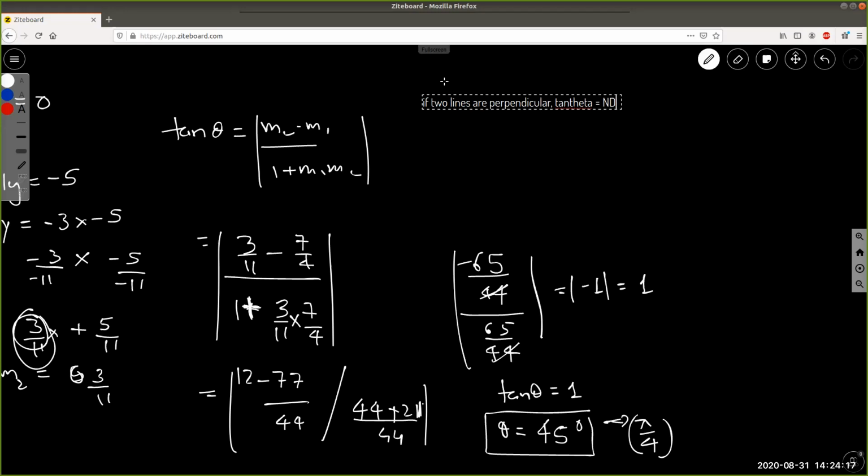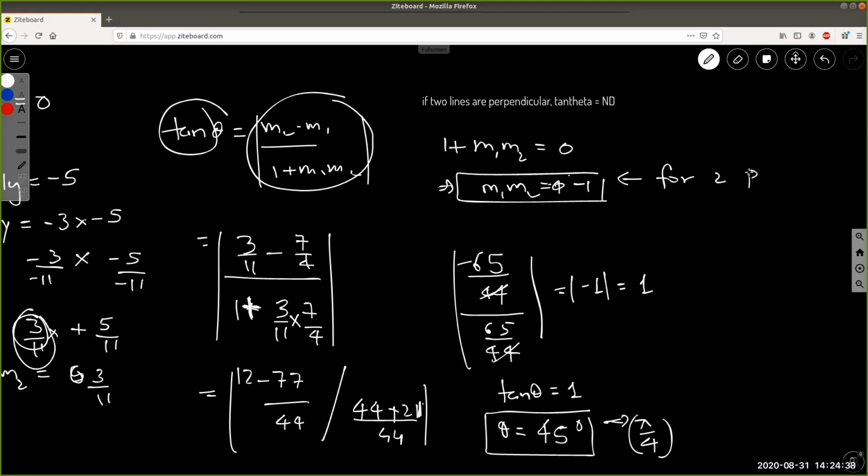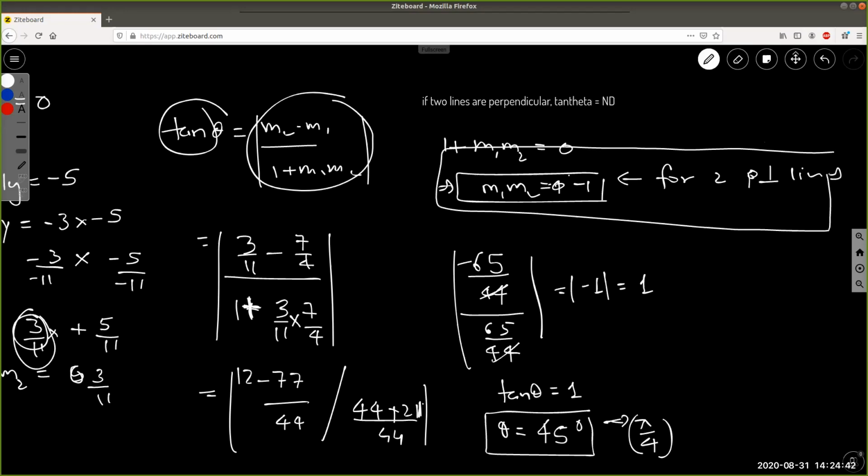So 1 plus m1 m2 is equal to 0. This implies that m1 m2 is equal to minus 1. So for two perpendicular lines, m1 m2 is minus 1. Very important.